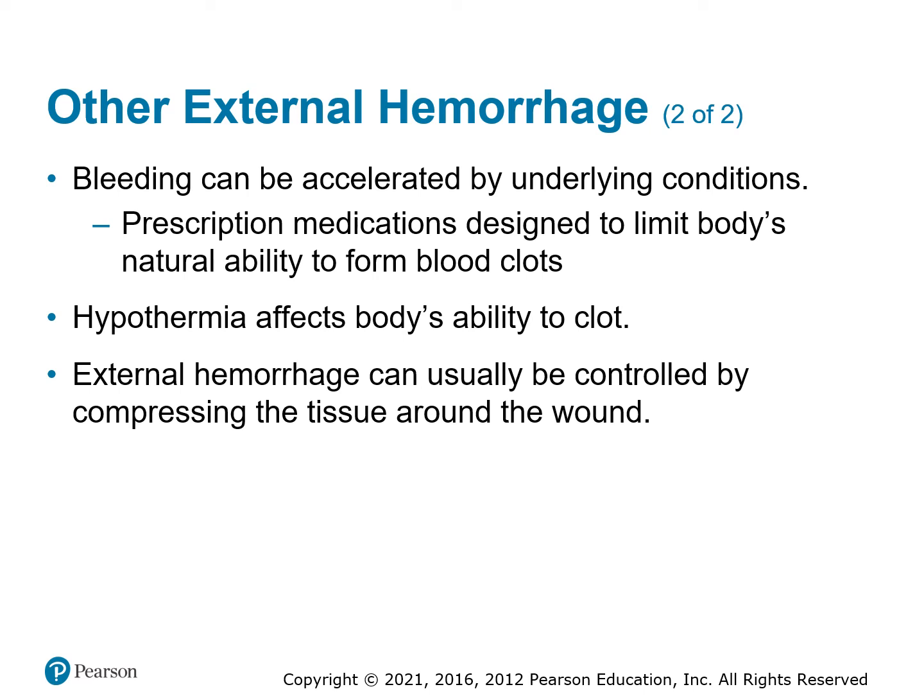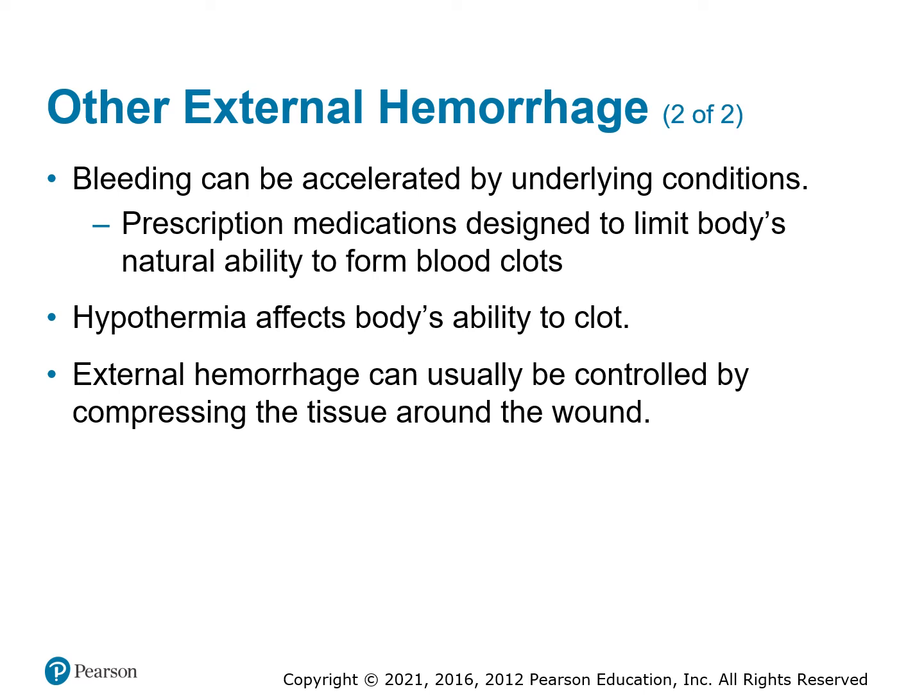Now, the thing to think about with that too is we already talked about earlier in the chapter that shock can cause the body to become hypothermic on its own. So now it could create a vicious cycle if they become shocky and hypothermic, and it becomes a little bit more difficult to treat this patient.